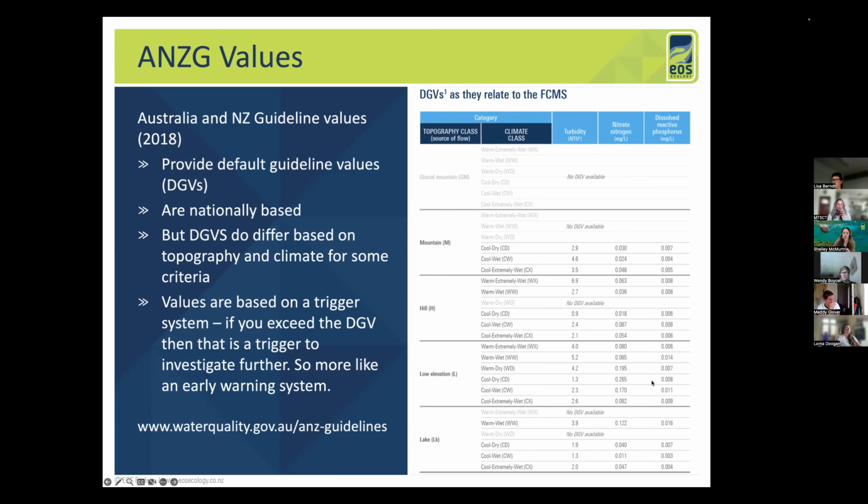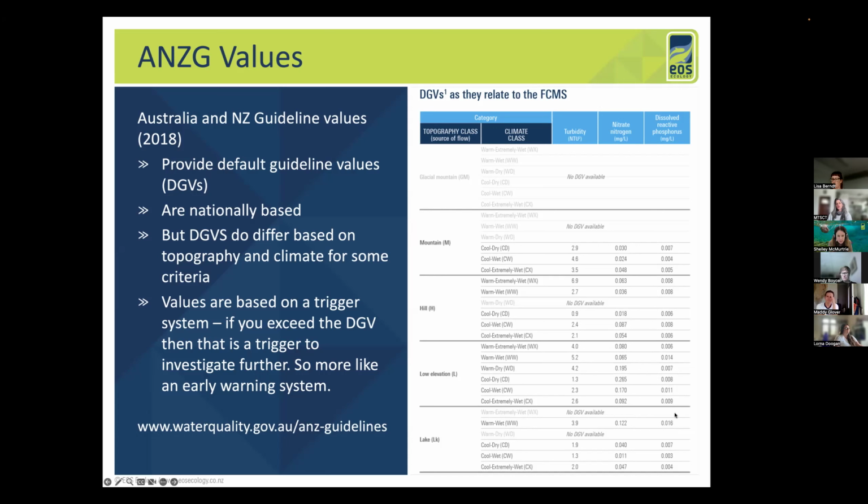And you see a similar thing as you go through nitrate N and DRP. When you go from your hill and the cool dry down to your low elevation, your nitrate N values are starting to get quite a bit higher. And when you look at your DRP, those are slowly elevating as well.